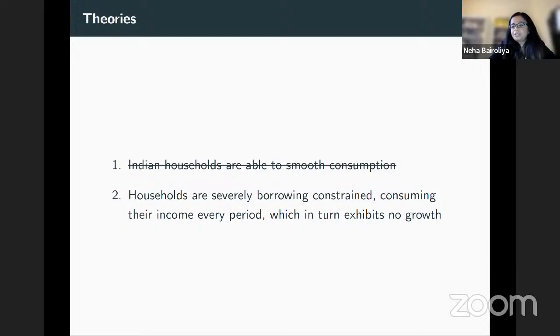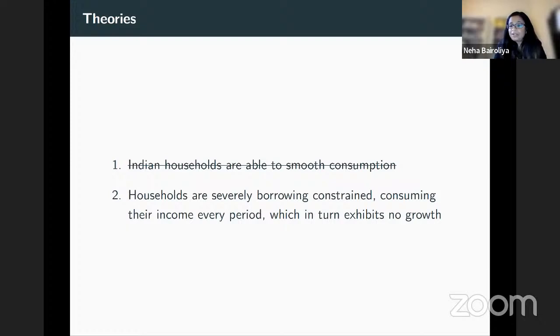The other alternative could be the exact opposite. Indian households are severely borrowing constrained, and in fact they are just consuming their income every period, which exhibits no growth. So kind of the story like we saw about Malawi. They're hand to mouth, there is no growth, and that's it.